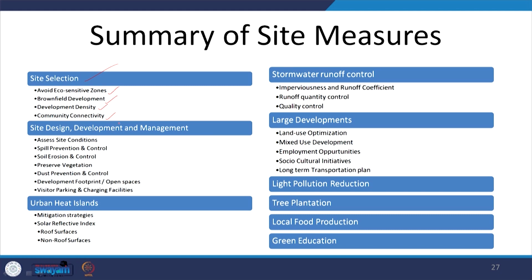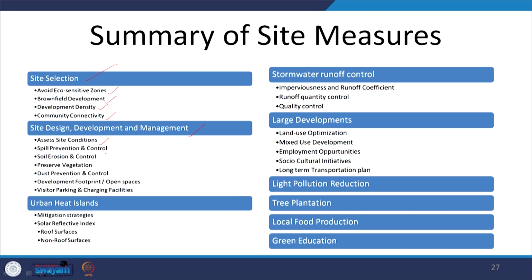Some of these form part of the green building rating systems, some of these are mandatory, for example, avoiding eco-sensitive zones. The next was site design, development and management. Here we talked about the assessment of site conditions, which includes climate, topography, stormwater, all those conditions.